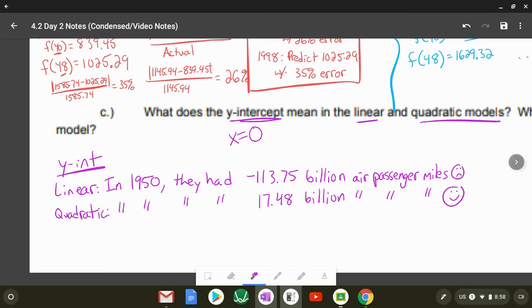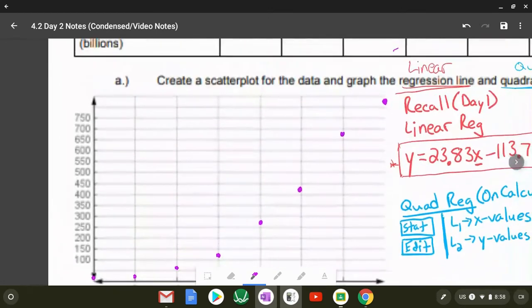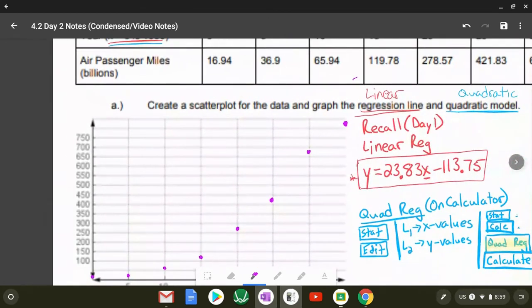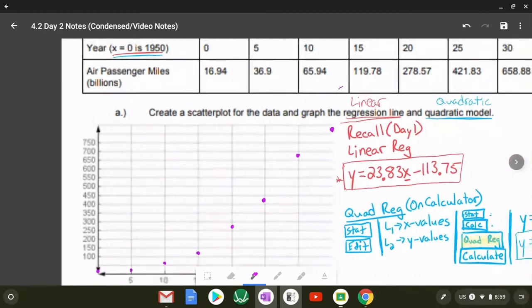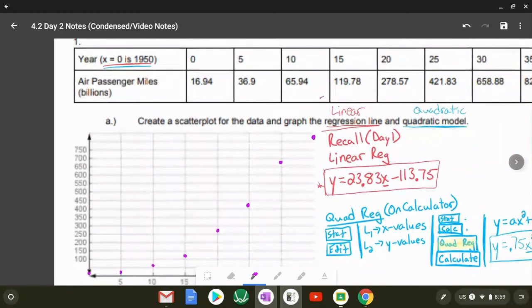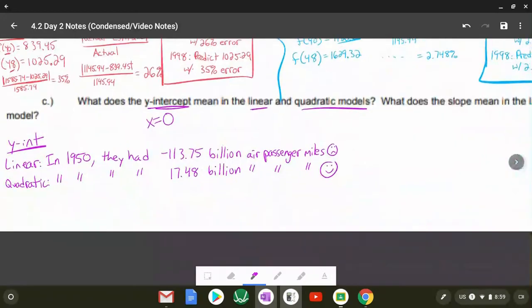That's an actual number you can begin with, and it represents our data pretty well. It's pretty close to the actual table, right? Our quadratic equation is a model that estimates the actual data, and it's pretty close to that 16.94 billion.